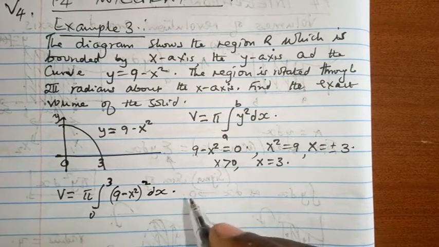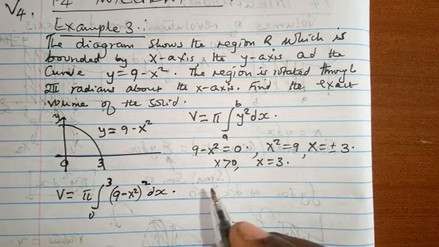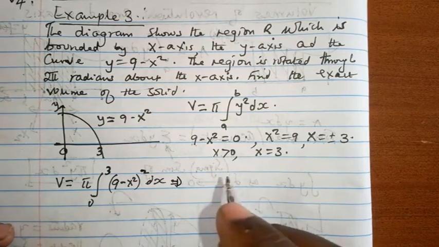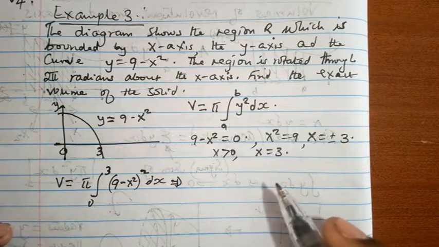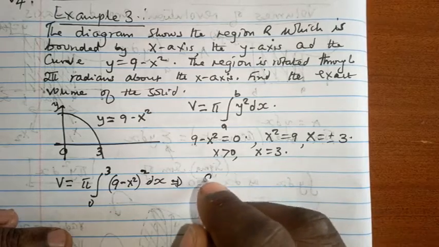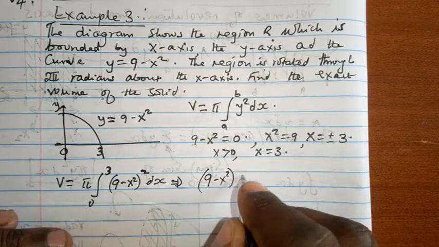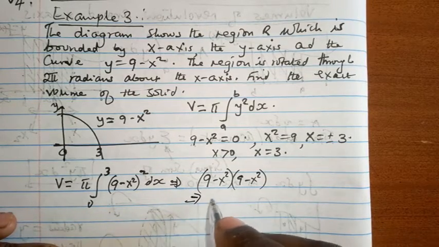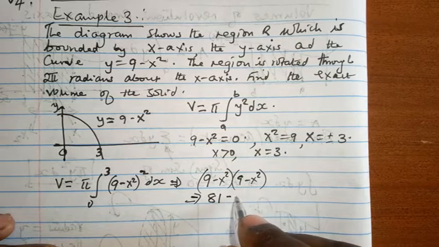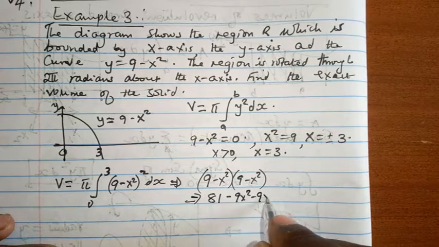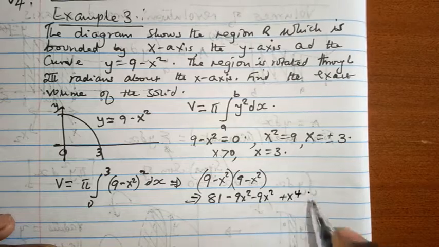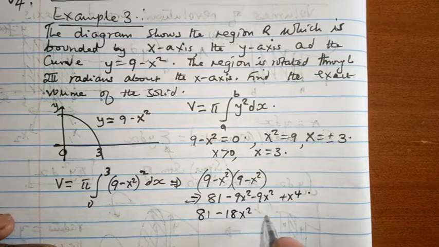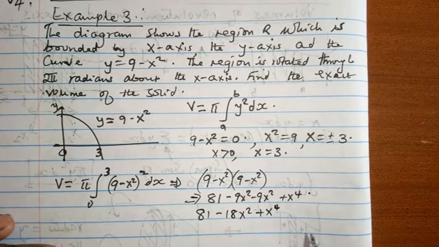with respect to x. At that point we may wish to expand this particular part so that we can have polynomial terms, or terms that are independent. 9 minus x squared is simply 9 minus x squared multiplied by itself, which gives us 81 minus 9x squared minus 9x squared plus x raised to power 4, and entirely we have 81 minus 18x squared plus x raised to power 4.